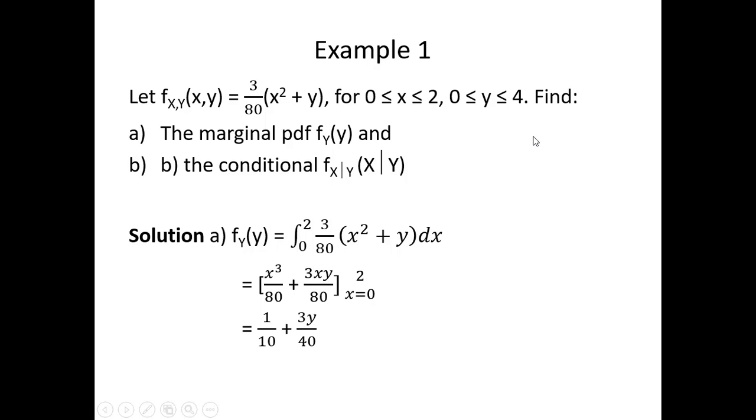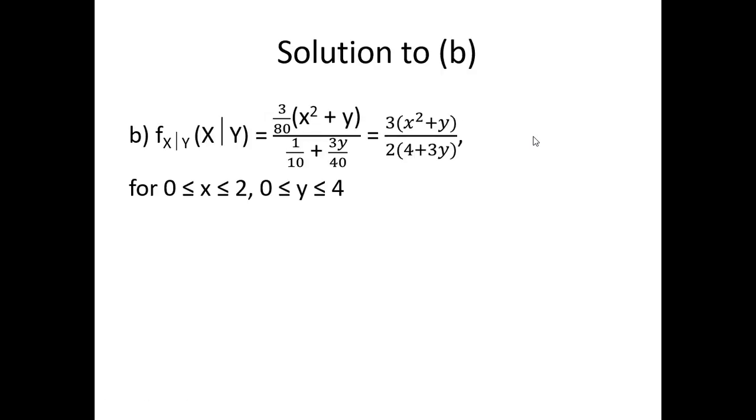Now to get the conditional, we simply take the joint density divided by the marginal density. So we might start out with something like this. We should try to simplify this. What I might do here is multiply by 80 over 80, do some canceling and a little bit of algebra.